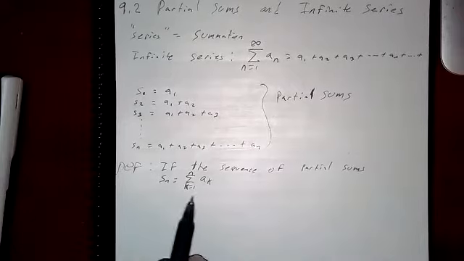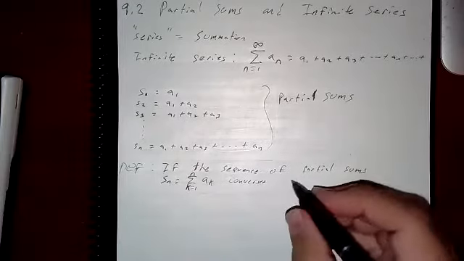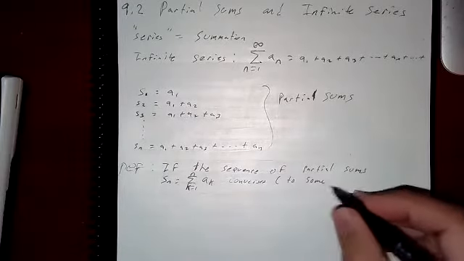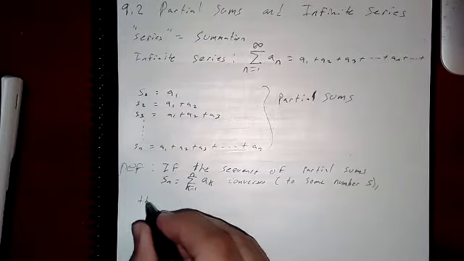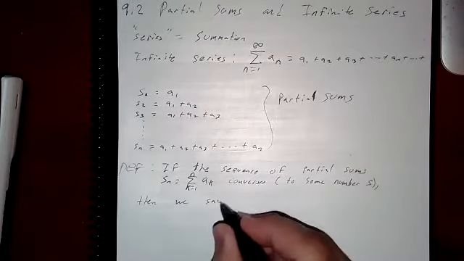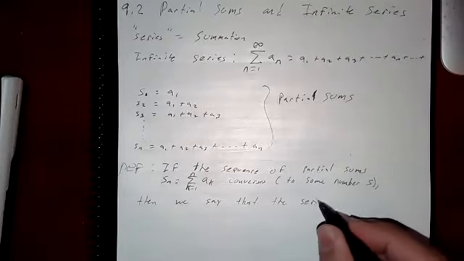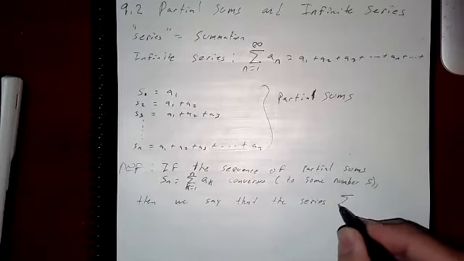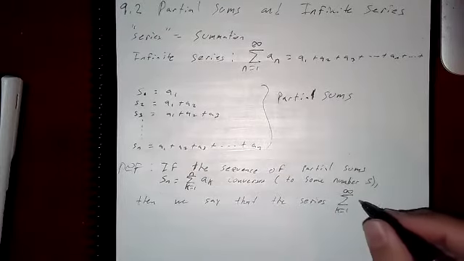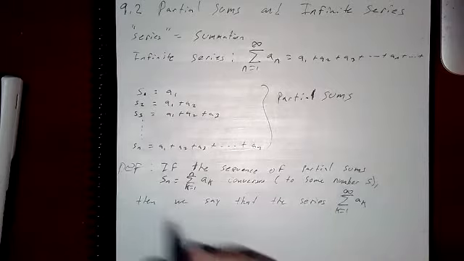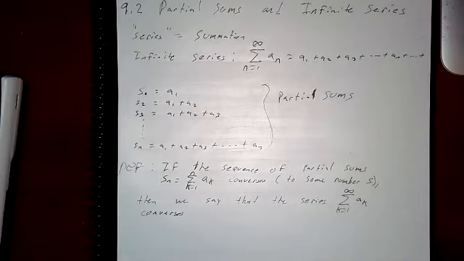So if the sequence of partial sums S sub n converges to some number S, then we say that the series of the sum k equal to 1 to infinity of a sub k converges to S.